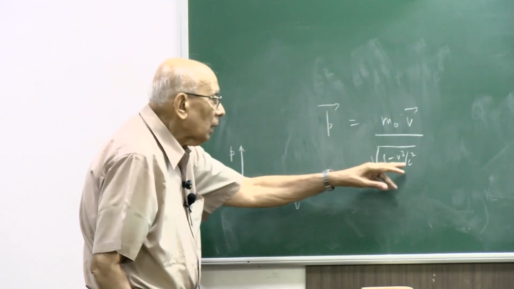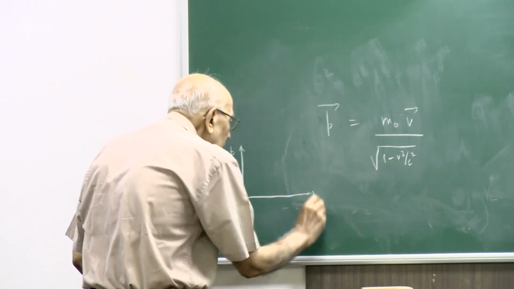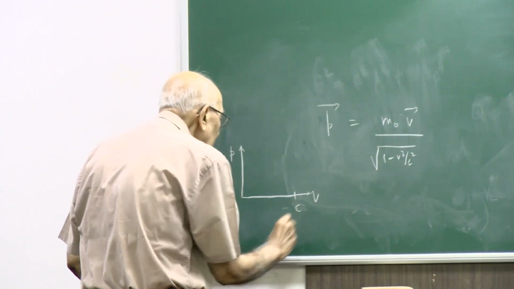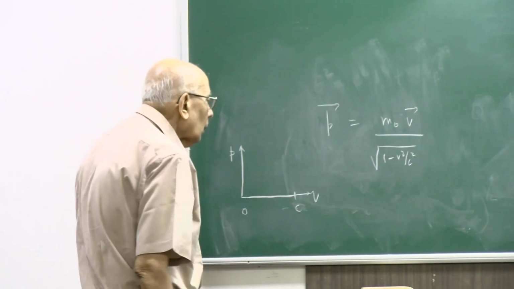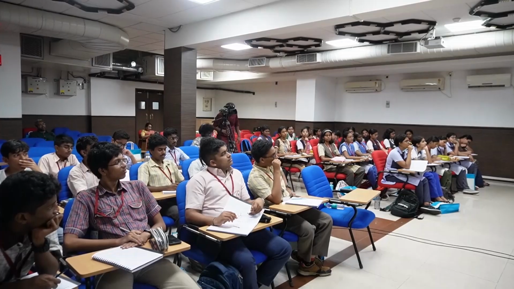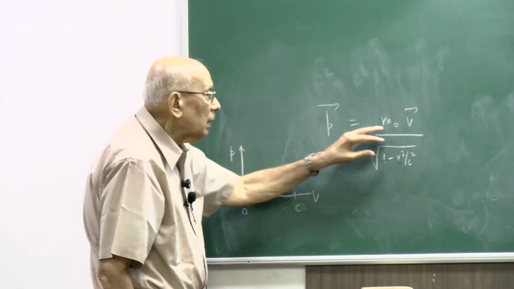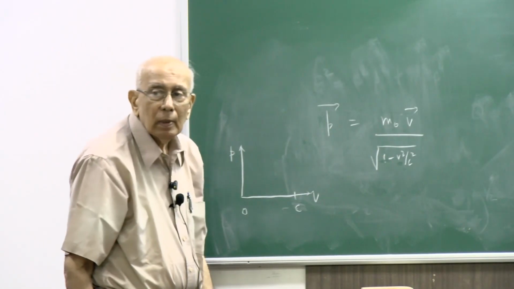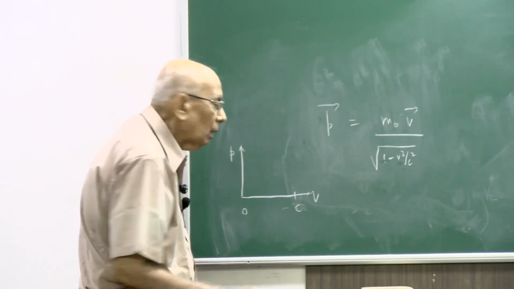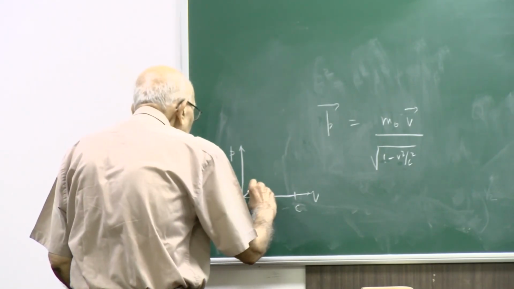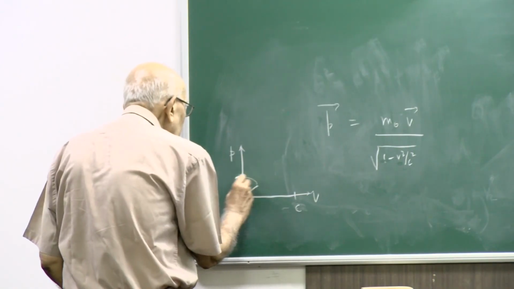When v is much smaller than c, this is the v axis, this is the point c. When v is much smaller than c, the second order term can be neglected. Then p is m naught v. There's a linear relation. So the relation goes like that. This is the non-relativistic regime.